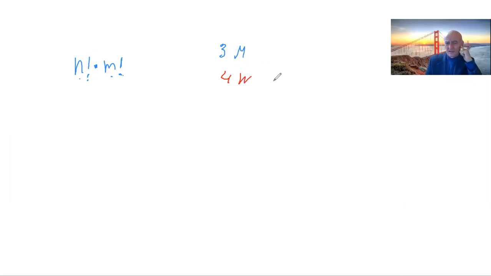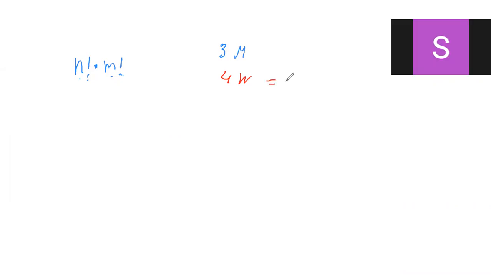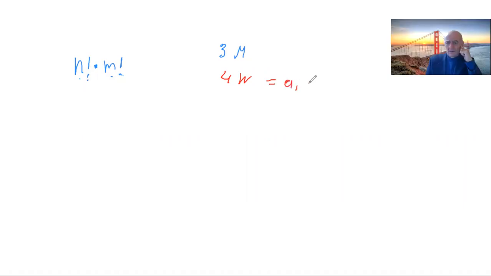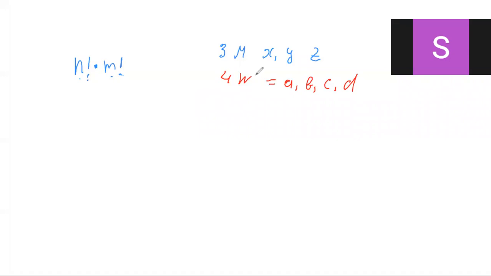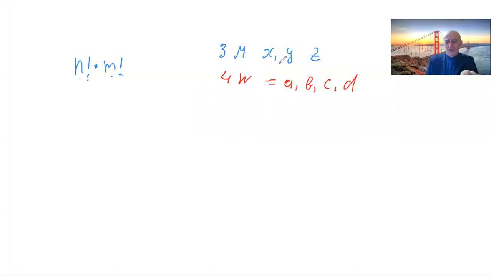These women are different, and let's denote them by A, B, C, D, and let's denote the men by X, Y, Z. So, Georgi first arranged these men. So X, Y, Z, one of the possible permutations.